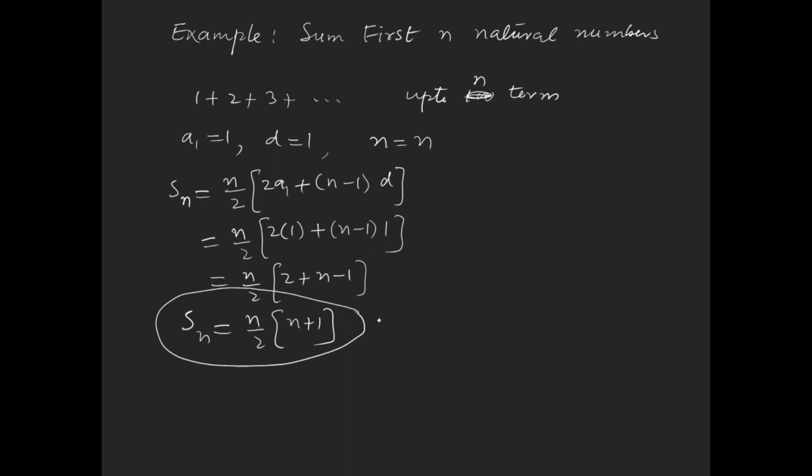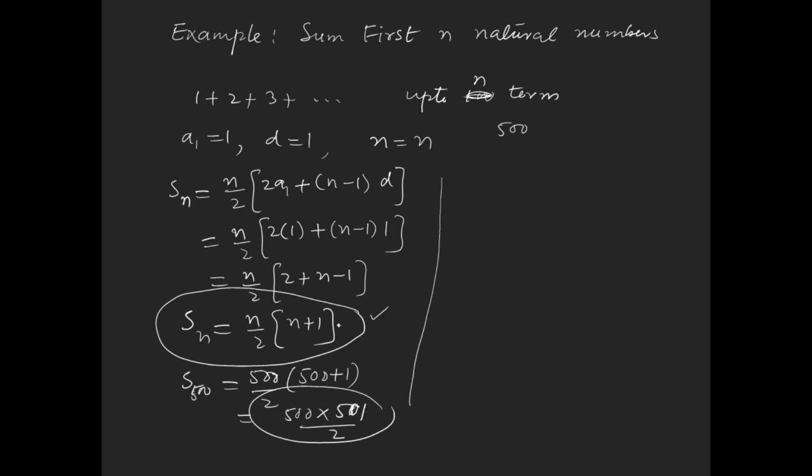So this is the generalized formula. Suppose we are finding the sum of the first 500 terms, 500 natural numbers. Then we will just put 500 in place of n, and then 500 divided by 2 multiply 500 plus 1, and the answer will be obtained from this, 501 divided by 2, and we will get the answer.